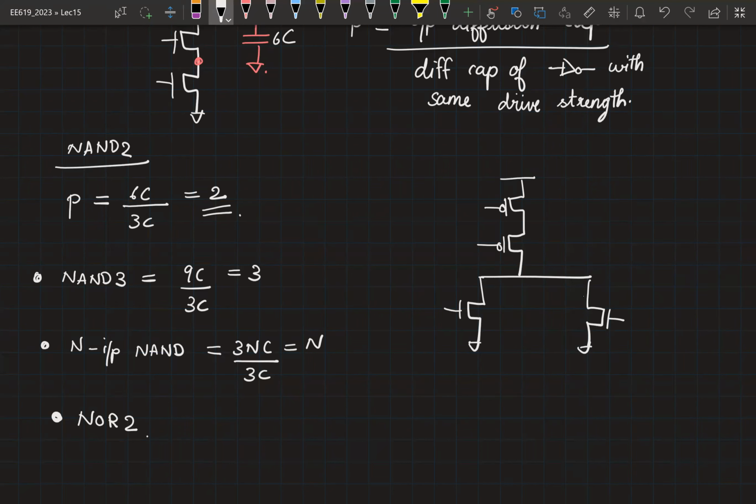So the size of NMOS is 1 and 1. This is 4 and 4. What is the total capacitance? So this is 6C. So P will be equal to 6C by 3C, which is equal to 2.